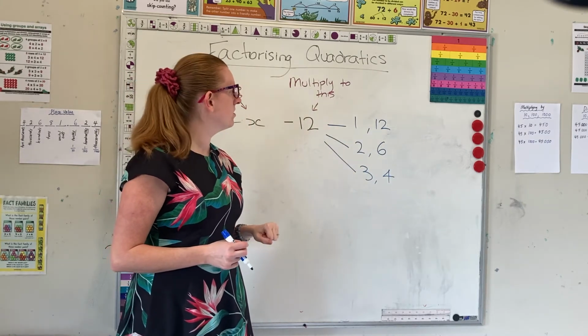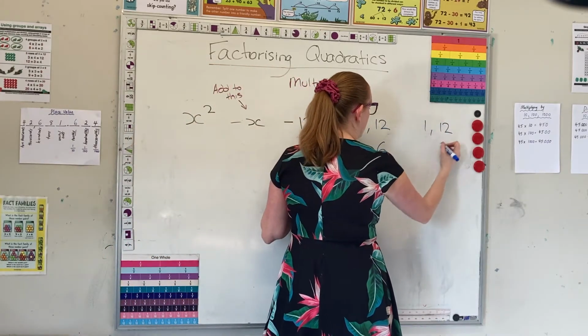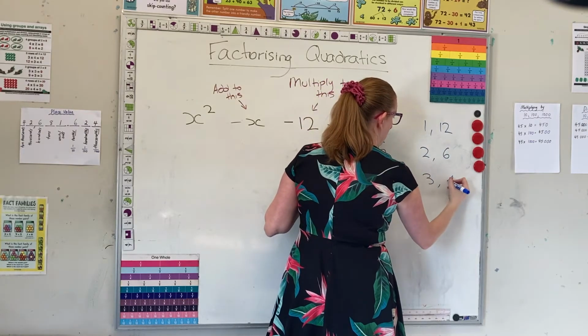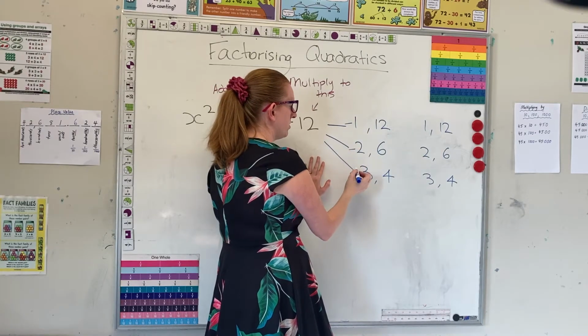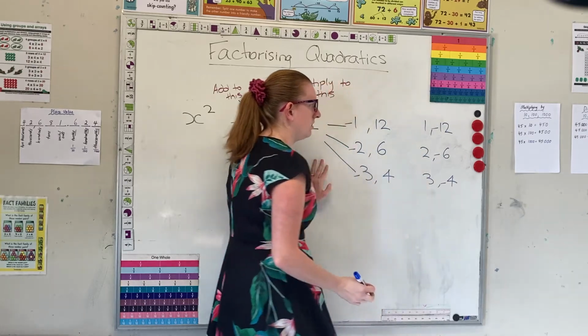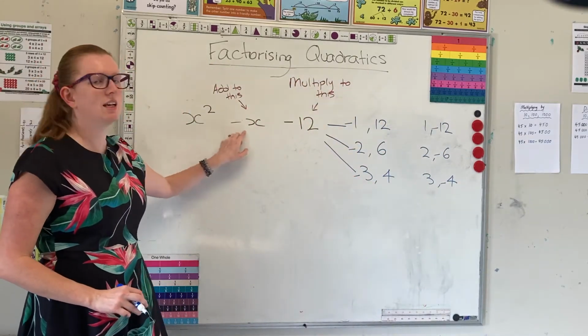Okay, so I'm going to rewrite each of these pairs. Okay, and then I'm going to try making the first number negative, and then I'm going to try making the second number negative. Okay, and we'll see which of these, when we add them together, give us negative x.